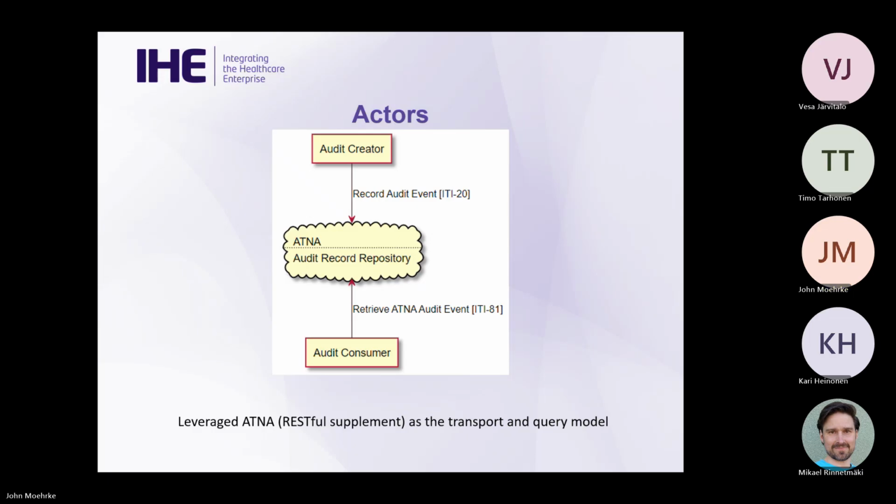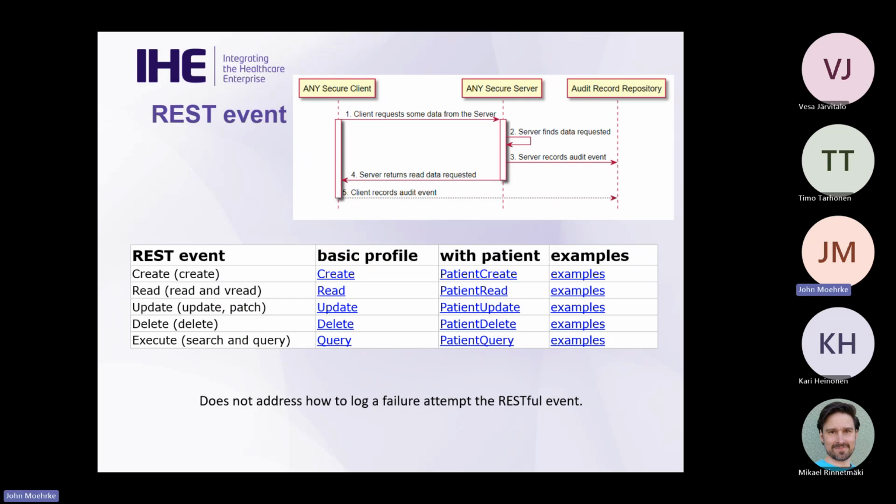The diagram here is kind of to try to introduce the ATNA actors in a way in which people might understand a little bit more when they come from the RESTful world. So in this case, we're talking two dominant actors here, any secure client and any secure server.